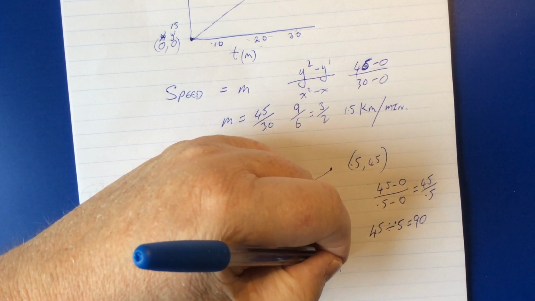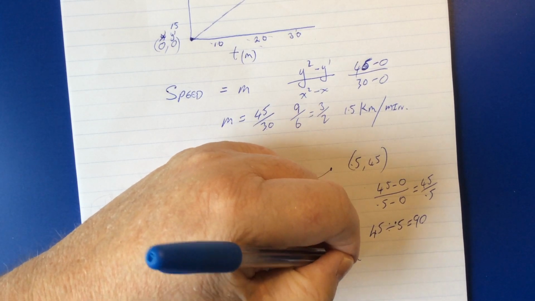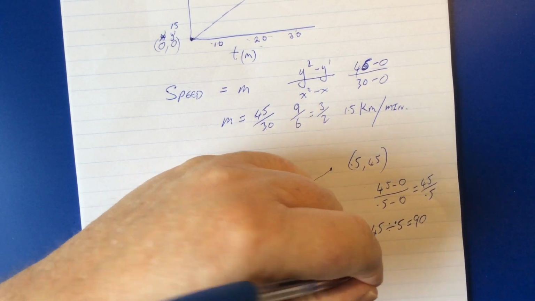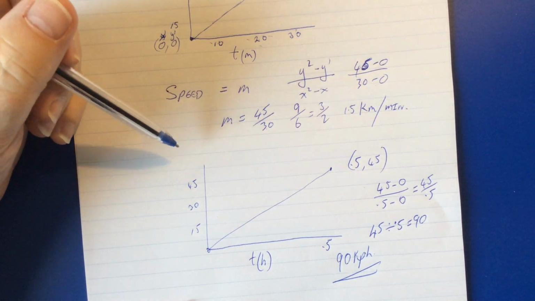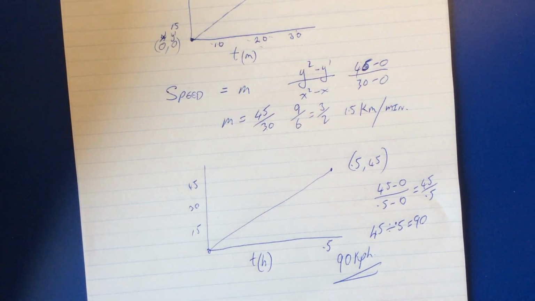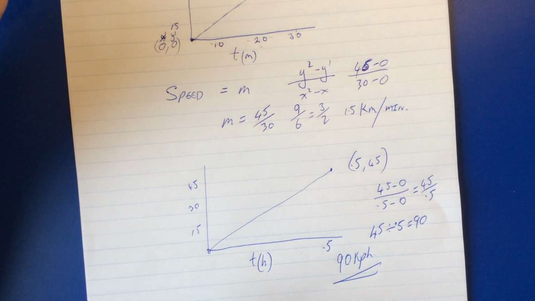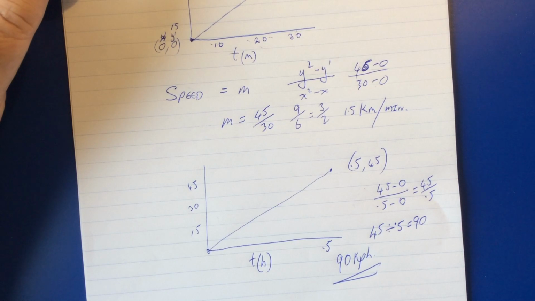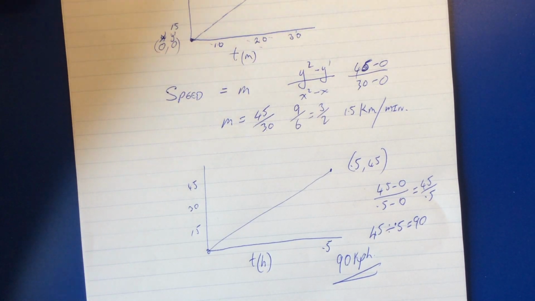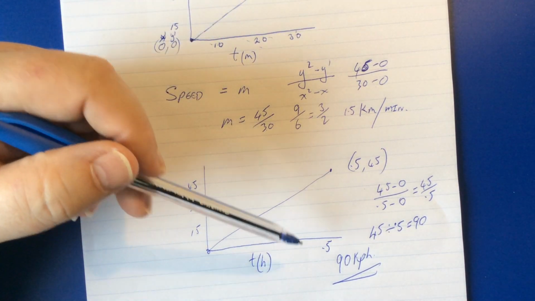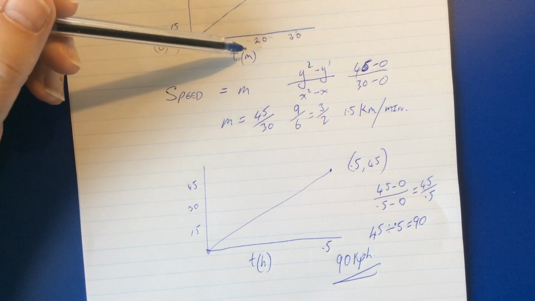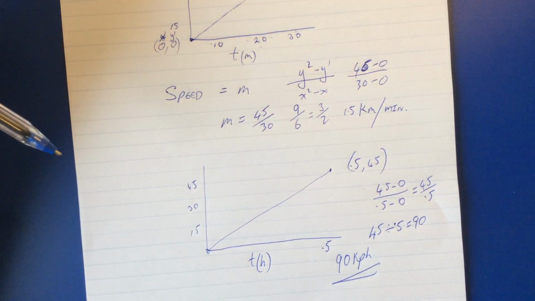The speed is 90 kilometers per hour. And we get that from that graph. It's kind of arcane, I suppose, but you ought to be able to read and understand one of these graphs and see what it tells you. Anyway, that's the answer in kilometers per minute, and in kilometers per hour.